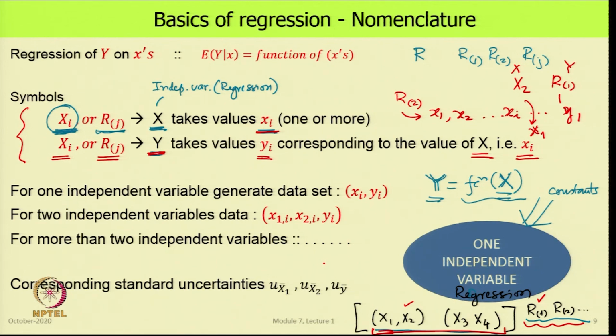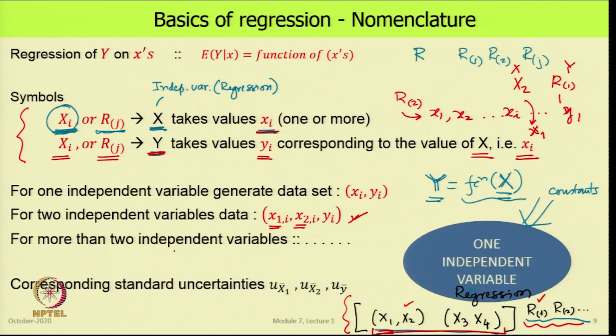If there are two variables in the experiment and we want to make a regression on that, it could be a variable x 1, x 2, where x 1 could be either of these which are listed here, x 2 could be any other one from this, and y I could be yet another one from this set. They all must correspond to the same experiment. So, that is an important part.